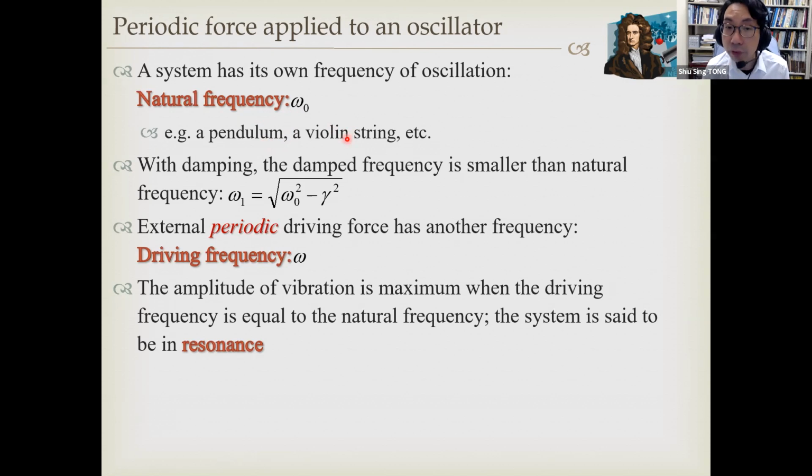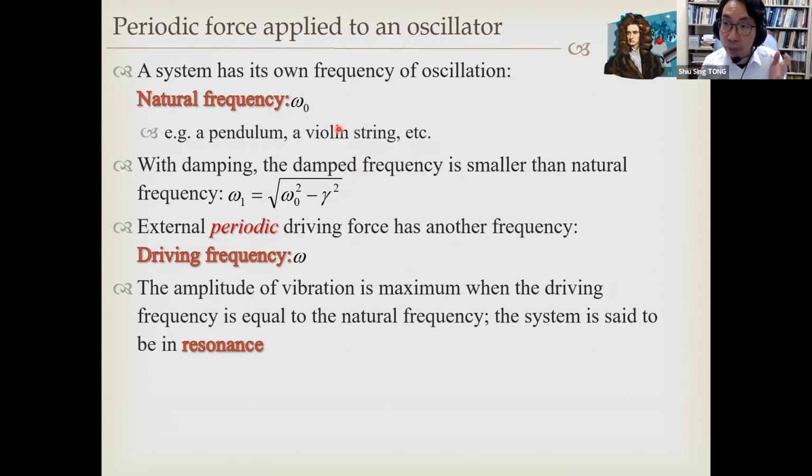A violin string may have its own oscillation frequency. It is the frequency at which the object oscillates on its own, so that's why it's called the natural frequency. If it is undisturbed by external force, displaced from equilibrium and released, then the system will oscillate with that frequency.